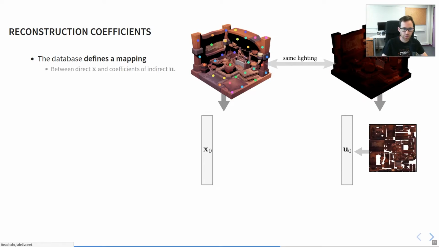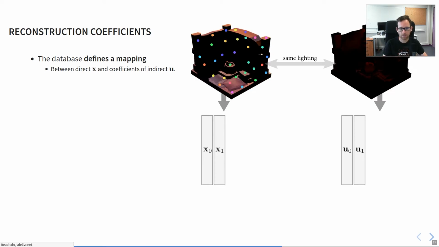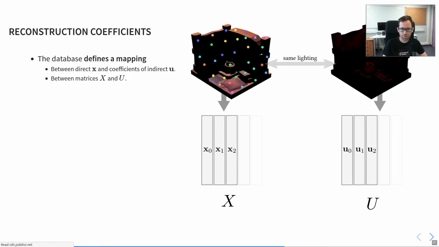So we indeed have a mapping between the vector of direct illumination x0 and the coefficients of indirect illumination u0. And when we build the database, we accumulate pairs of vectors. And this results in two matrices. First, X that describes the direct lighting, and U that describes indirect lighting.